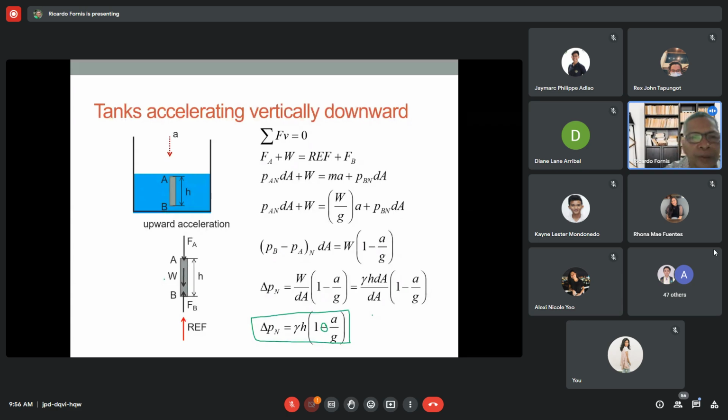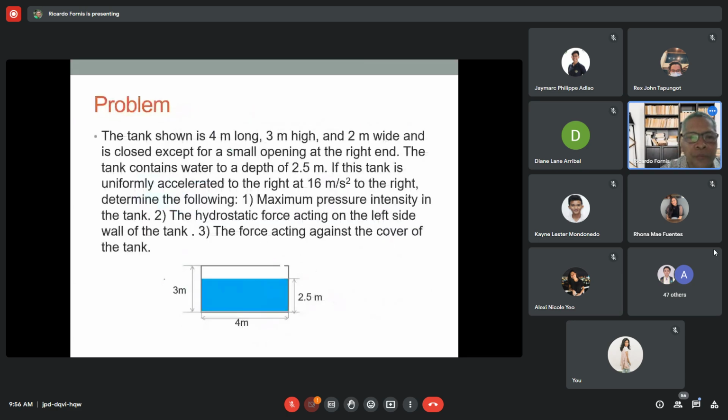Let's consider now an example. The tank shown, this is the side view. The tank is 4 meters long, 3 meters high, but it is not full of water. The water is only up to 2.5 meters from the bottom.